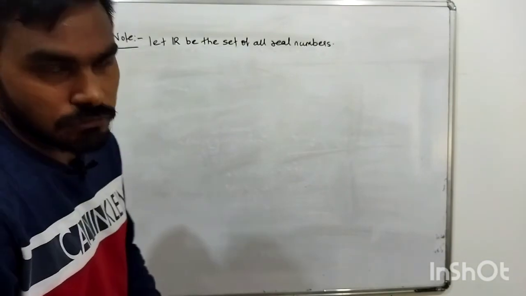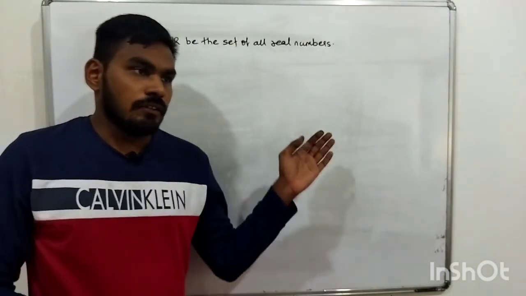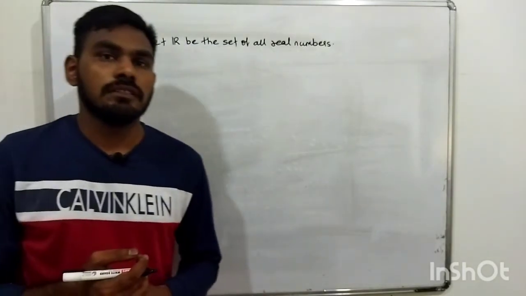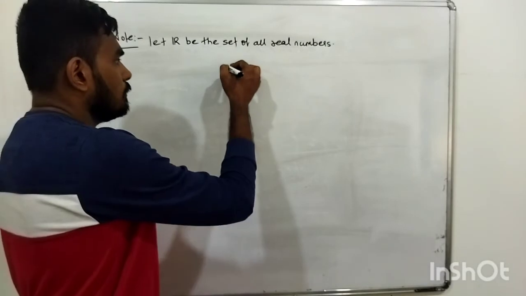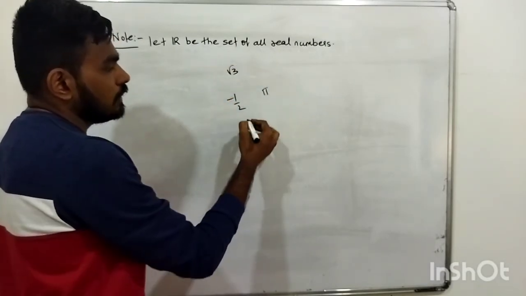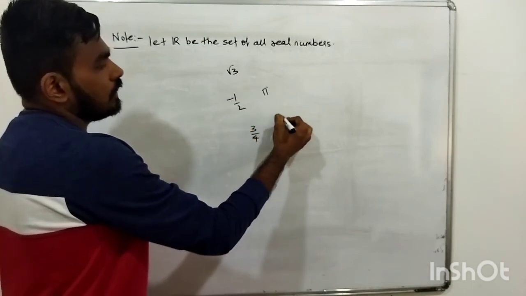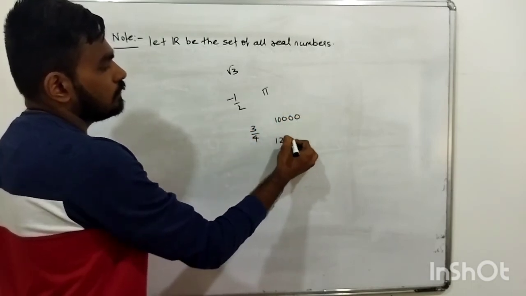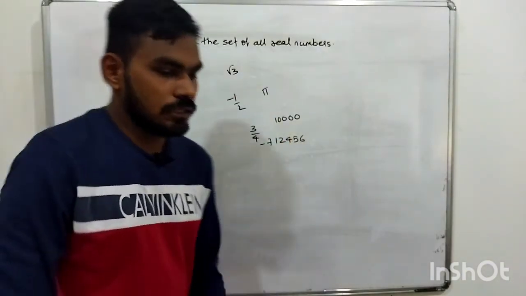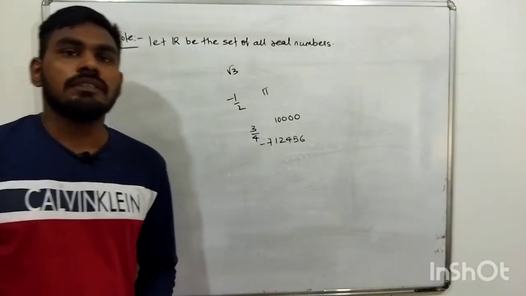All the numbers which you have learned till now, from first standard, from KG, whatever numbers you are learning, all those numbers come under real numbers. For example, we have learned about root 3, minus half, pi, 3 by 4, 1000, 1, 2, 4, 5, 6, 7, minus whatever it is, whatever numbers you have learned till now. Okay, this all comes under real numbers.